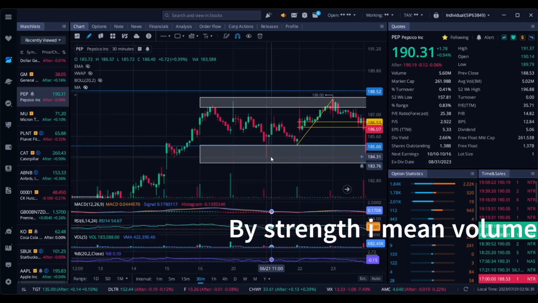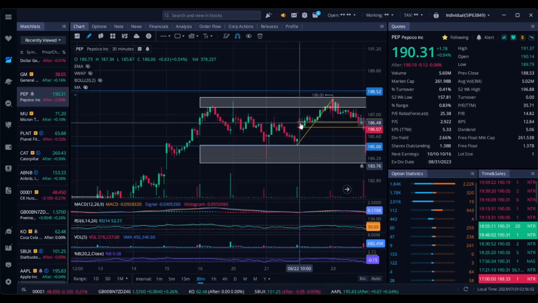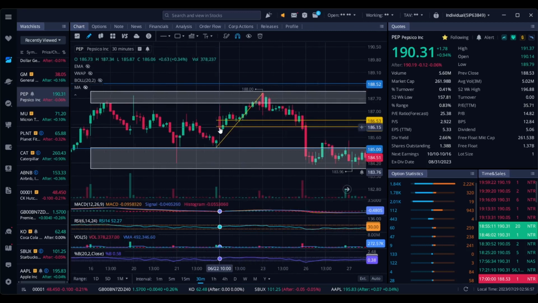Didn't have enough strength. Came back up. Right here, see? You follow? His support. This candlestick, and this is 30 minutes. So it's just back and forth. It's just like ping pong, just bouncing back and forth.